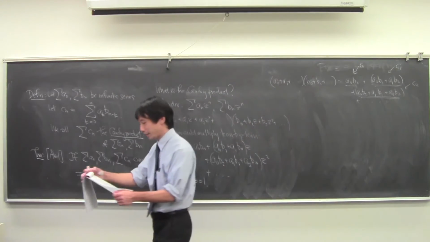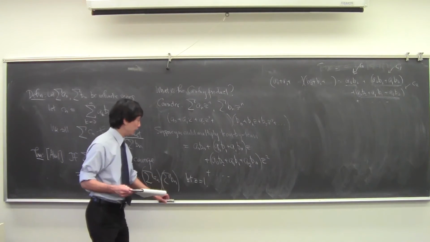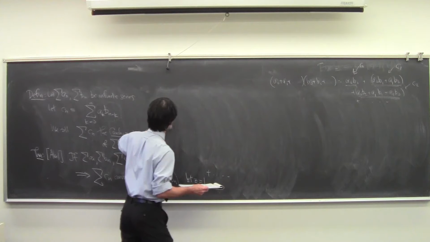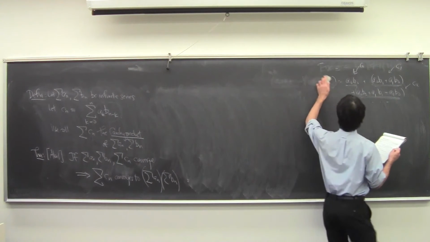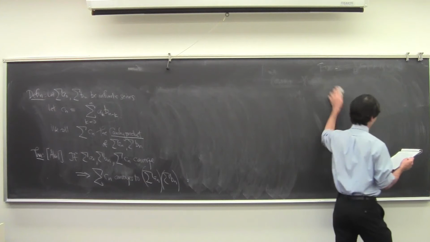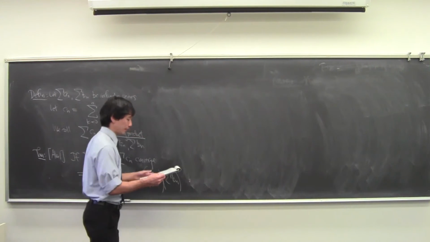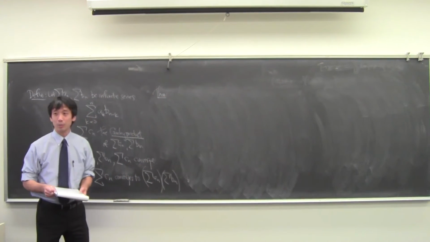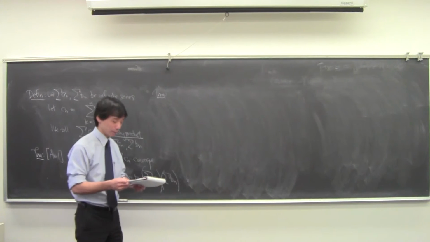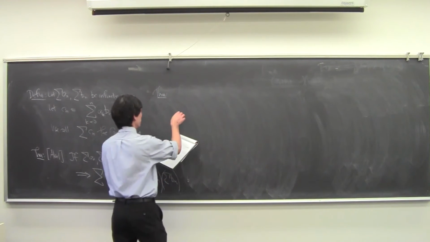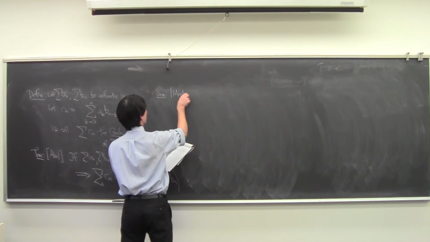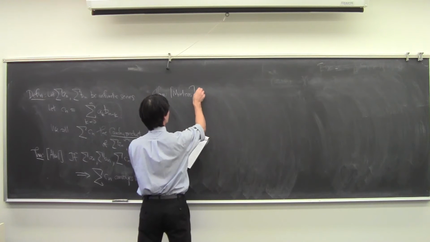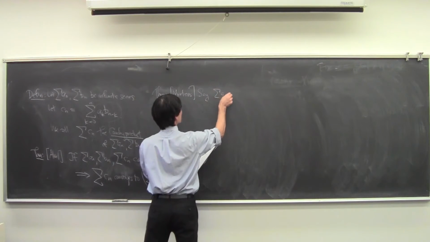Okay, so we are going to prove not the theorem of Abel, but a theorem of Mertens, which says the following. It's not as powerful as the theorem of Abel, but it's the one that we can prove right now. So here it is. You have some series.